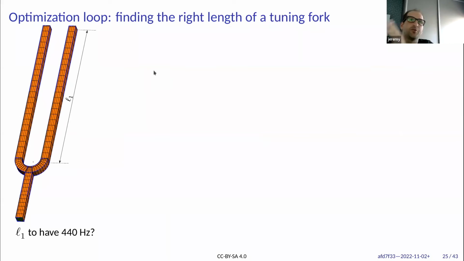Now that was a parametric run where we knew that we wanted to go first to T10, then to T4, whatever. In this case, let's say we're going to solve an optimization loop. We have this geometry, a tuning fork, and we want to know at which length we should manufacture the fork in order to have a zero mode resonance frequency equal to 440 Hertz.